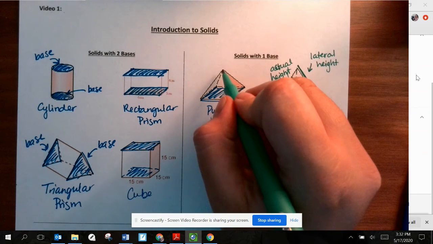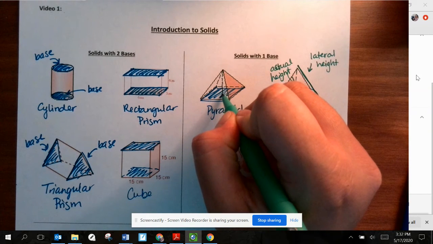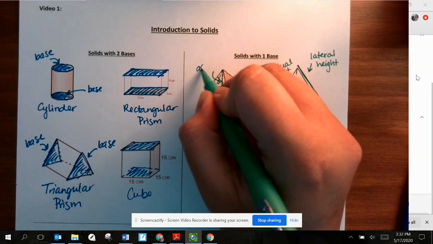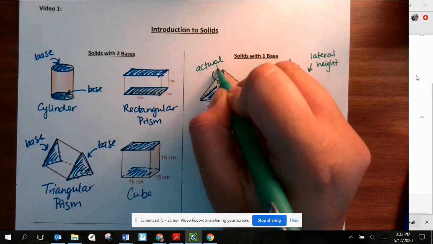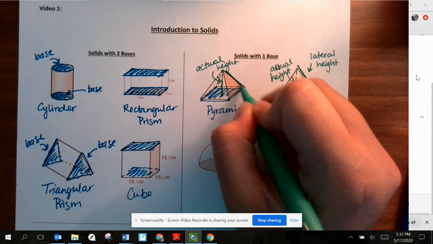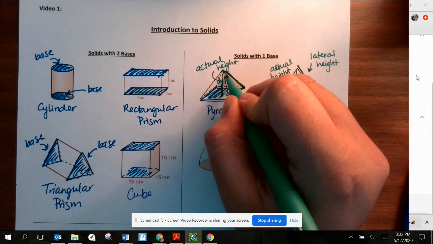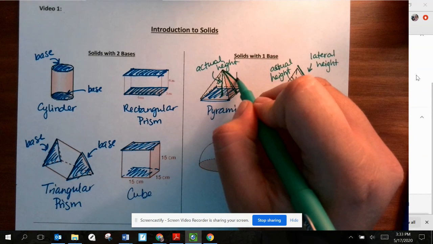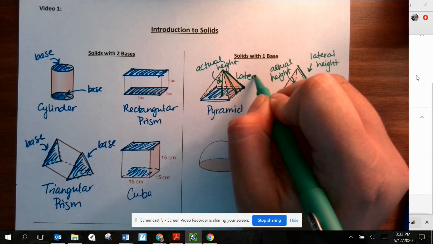The same thing with a pyramid. You have the actual height, which kind of goes right down through the middle of the pyramid. That's your actual height. And you have something called your leaning height, which is on the edge there. Sometimes you see it down the middle like that. This is your lateral height.